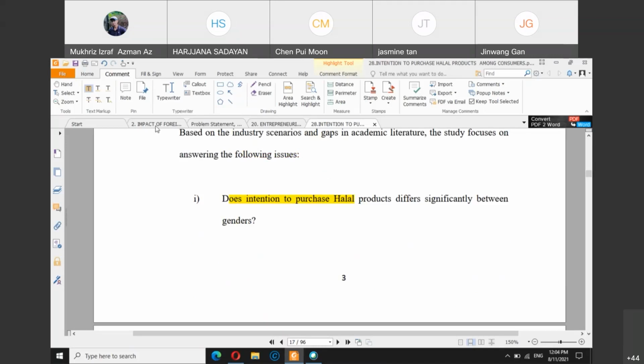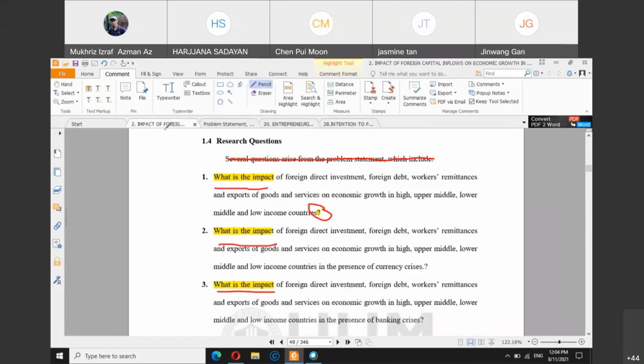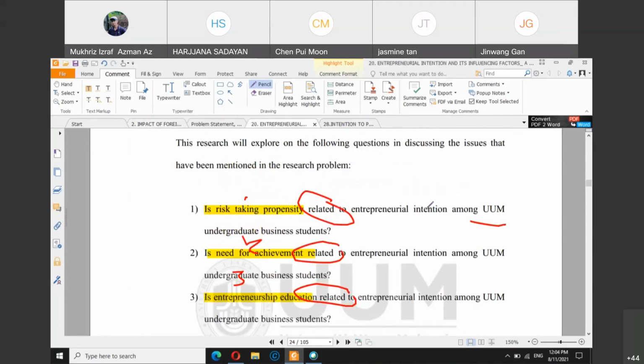So you only require three research questions. For example, if you are talking about unemployment among graduates, and you want to look at something about entrepreneurial intention, what you are asking to investigate must be something you are able to answer from the questionnaire that you use.